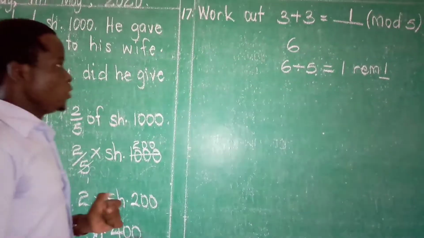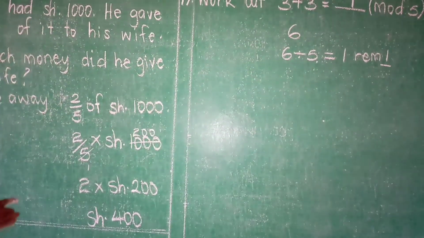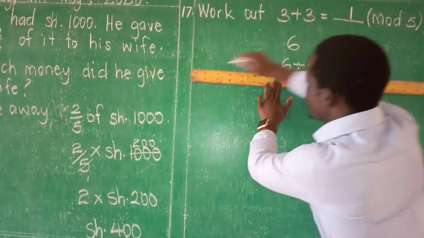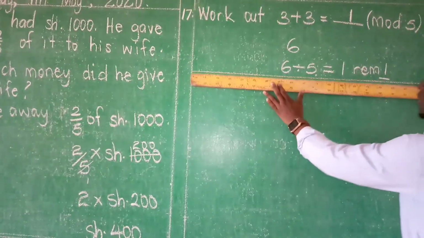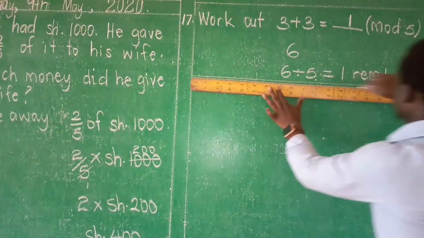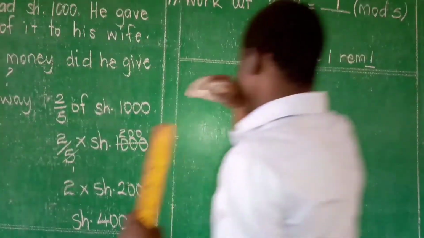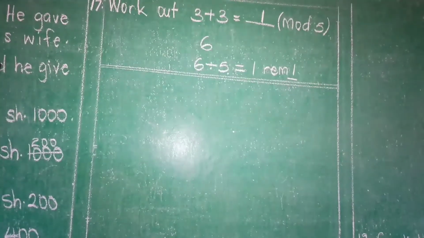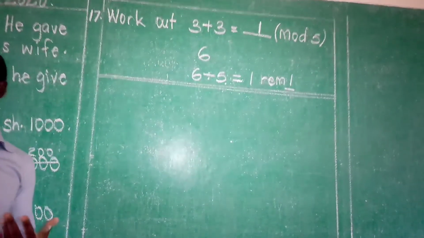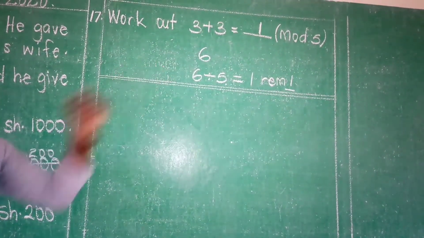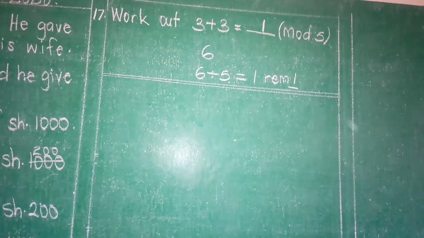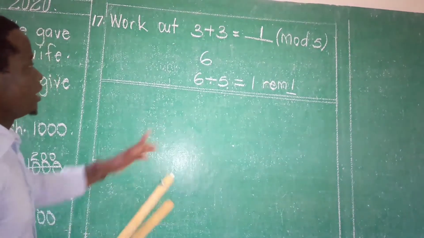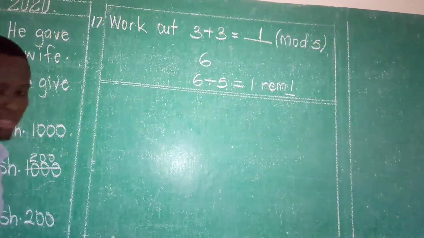With method 2, let me first underline that. Method 2 is what we call using a die. We are going to use a die to work out that. Now our die is going to have digits used in mod 5.